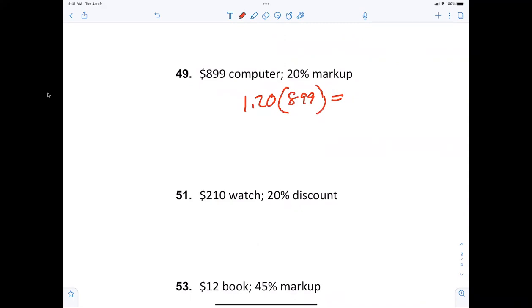Tell me what that is. $1,078.8. So $1,078.80. Everybody okay with that? All right, I'm pretty happy with that.